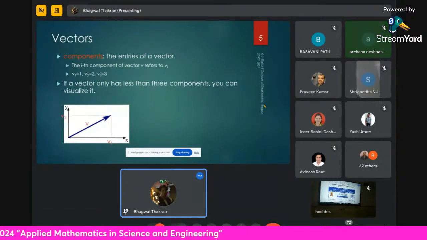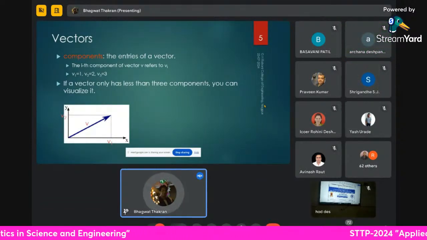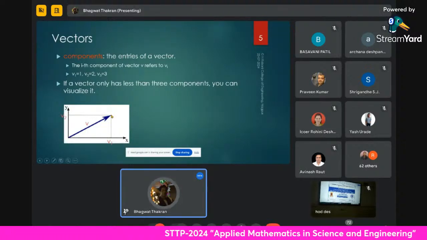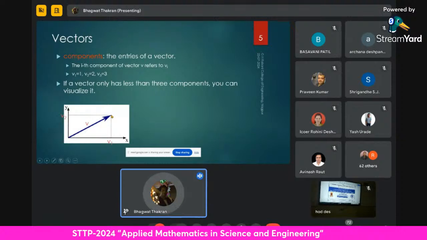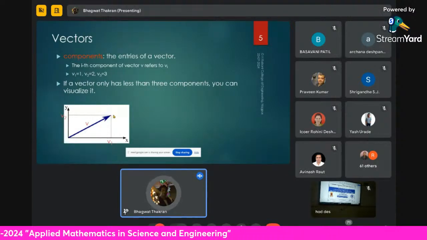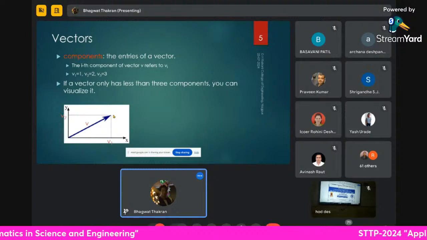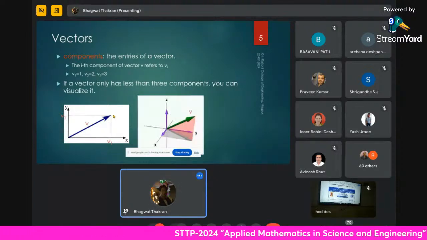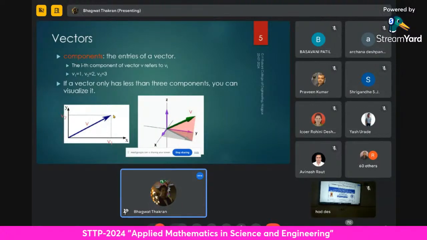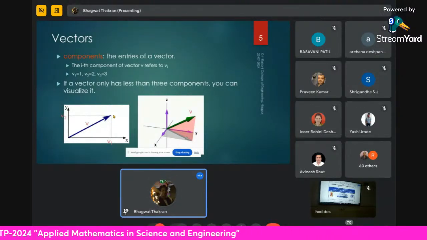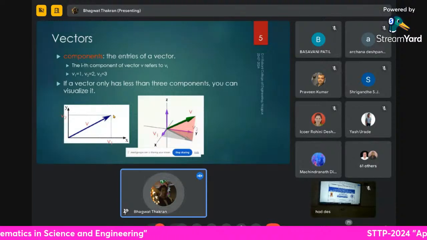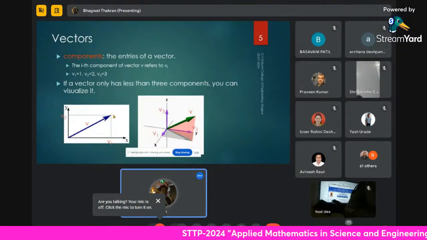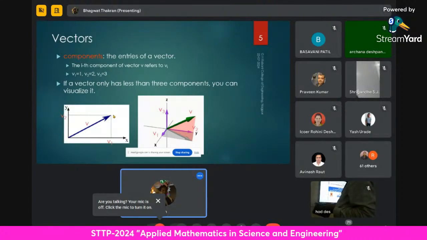So the value at this point will be our coordinate v1 comma v2, or sometimes we refer to it in the form of a column matrix v1, v2, that is a 2 by 1 matrix. Similarly, it is a three-dimensional vector, so it has components v1, v2 and v3.